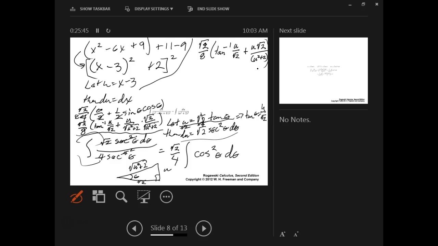But now, all we have to do is go up and plug in what u is. What is it? x minus 3.